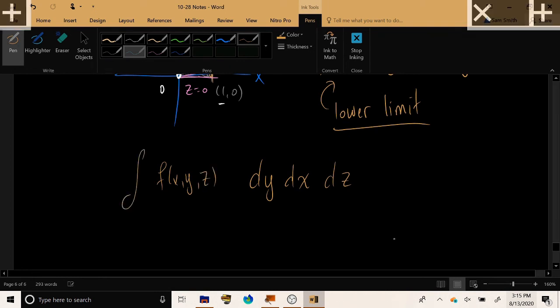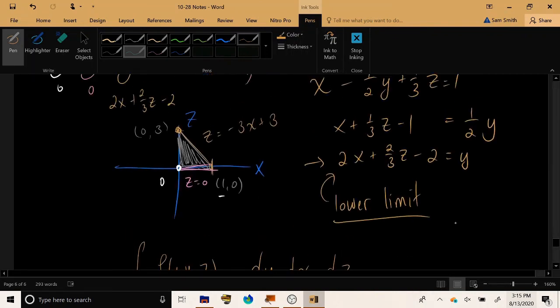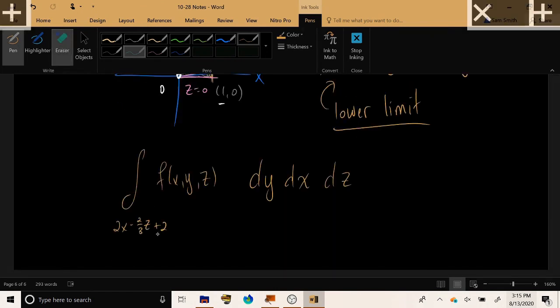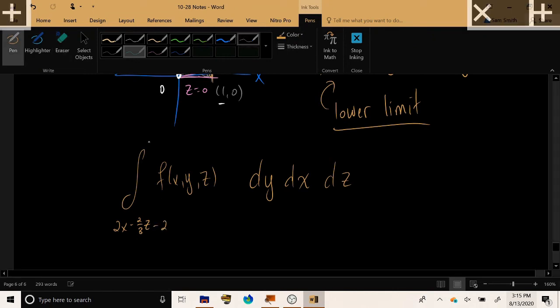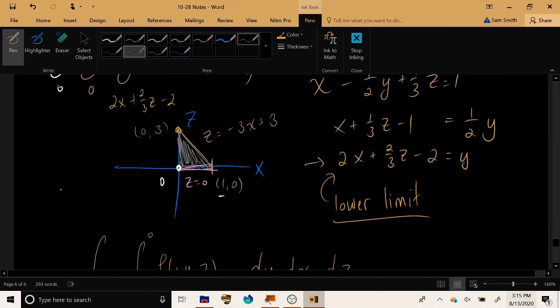We can steal the limits of integration for y that we used in the previous example, 2x plus 2/3 z minus 2 for the plane. And then let's analyze the shadow of the region on the xz plane.